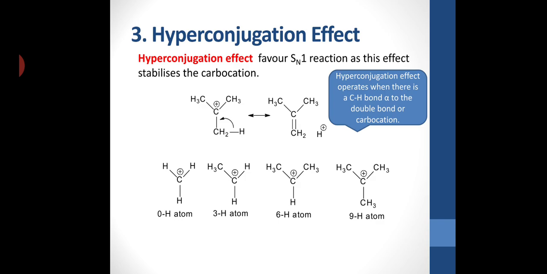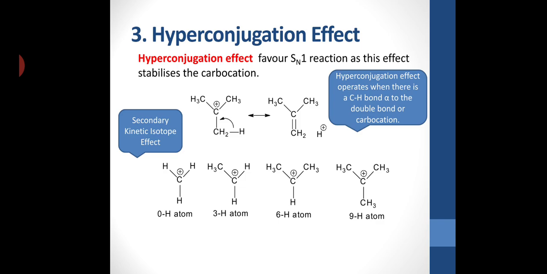How will you know that the alpha CH bond breaks during hyperconjugation? This we can know by secondary kinetic isotope effect. What is that? It is observed that if the alpha CH bond is replaced with alpha CD bond in original halide, where D stands for deuterium, the rate of formation of the carbocation is slowed down by approximately 10% per deuterium atom incorporated.